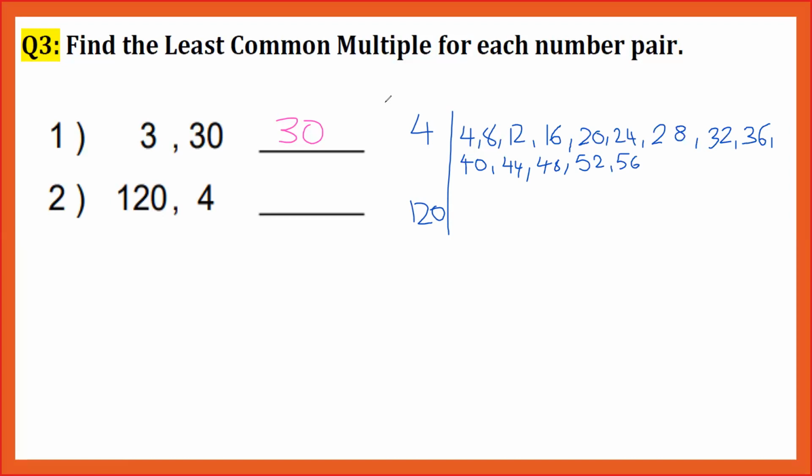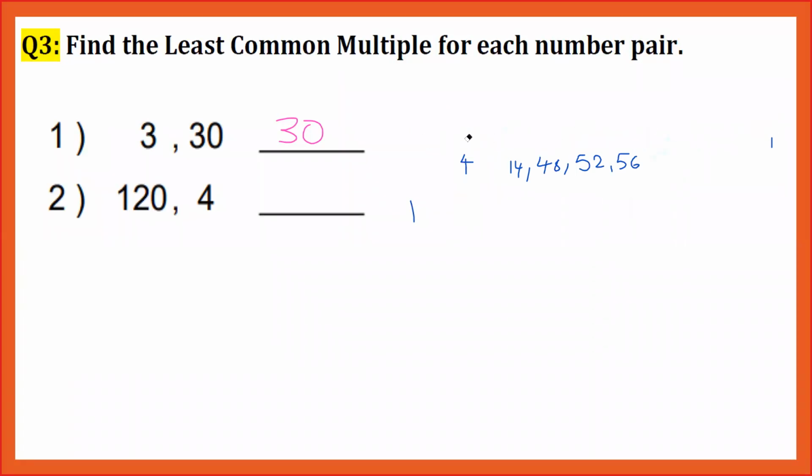So you need to write a lot of multiples to reach 120. Can you try the prime factorization? I think it will be easier than writing the multiples.